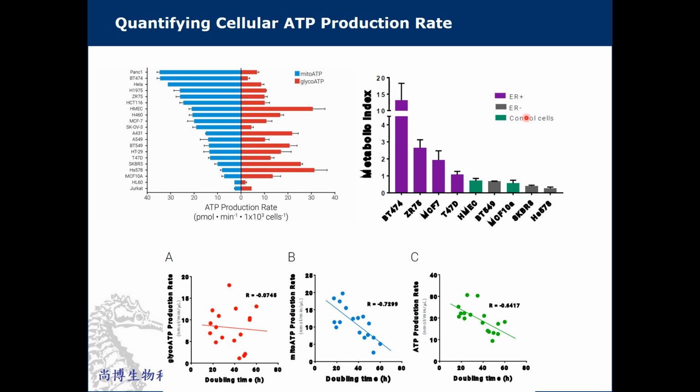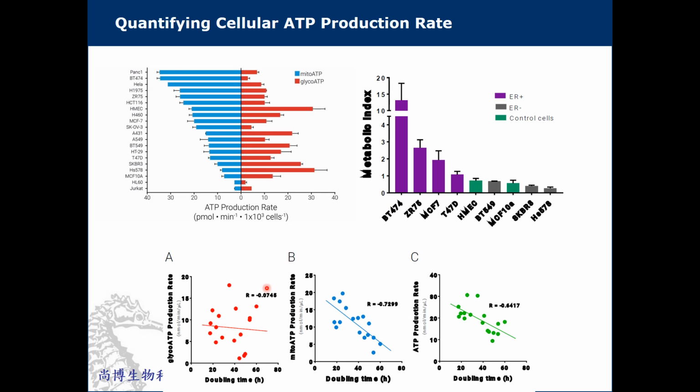We find that if a cell has an estrogen receptor, it will rely very much on mito ATP, but not glyco ATP. So it is very useful information to let us know the metabolic specific type.